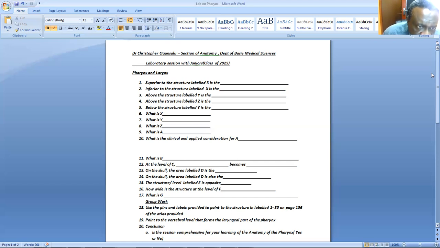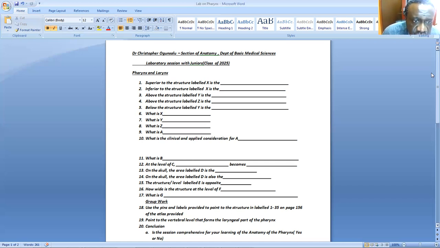So superior to X, as question number 1 is asking you, superior to the structure label X is the nasopharynx. So above the soft palate is the nasopharynx. And then inferior to the structure label X is the oropharynx.